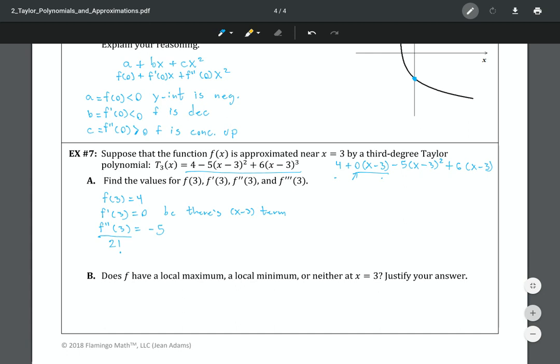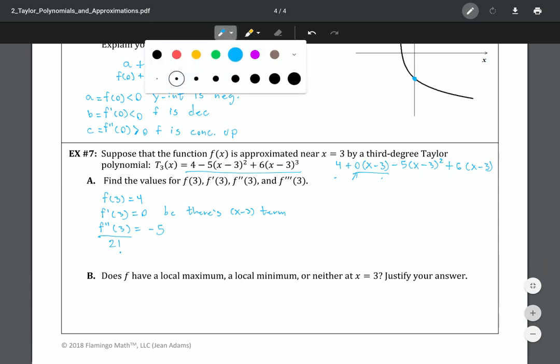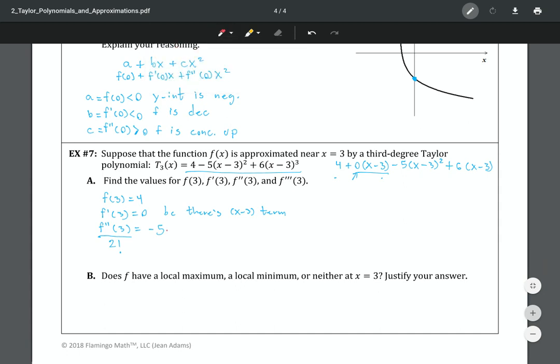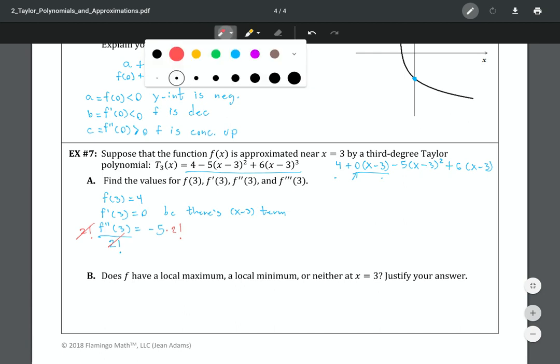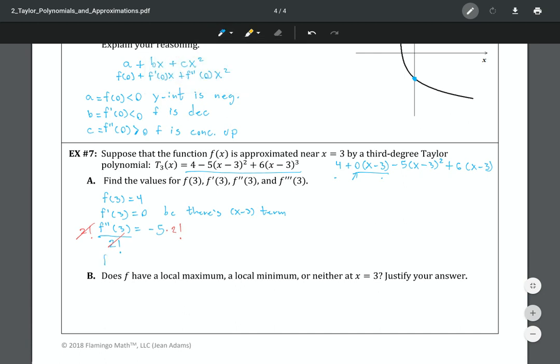You see what I'm saying? So f double prime of 3 over 2 factorial gave me negative 5. How do I find what f double prime of 3 is? Well, I can do that very easily by multiplying this times 2 factorial. So f double prime of 3 is going to be negative 5 times 2 factorial, which is just negative 10. All right, so there's that term right there.